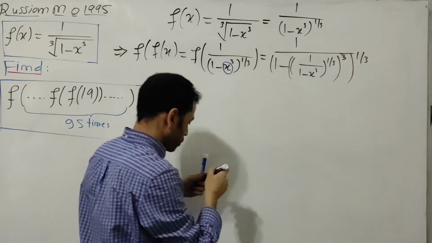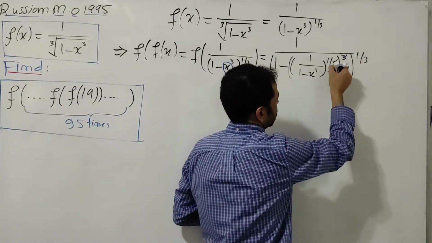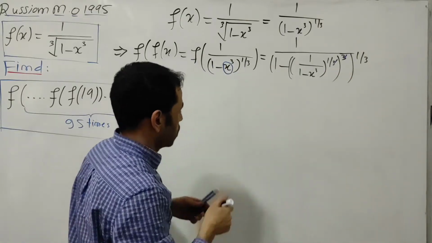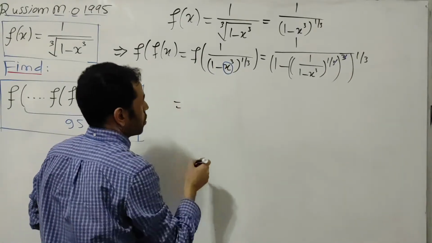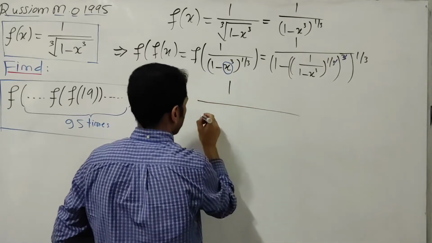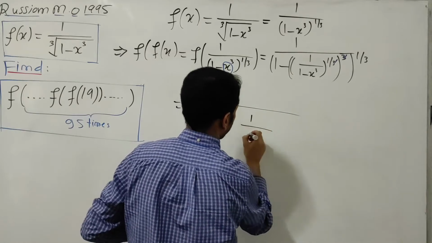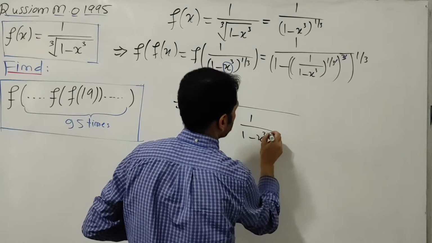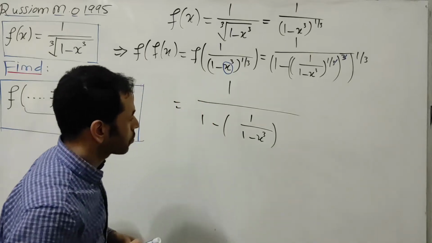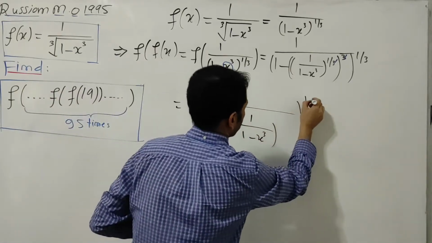Now I'm going simply to cancel this exponent 3 with the 3, so I will have a very clear expression: 1 over (1 minus 1 over (1 minus x cubed)), all raised to the 1 over 3.